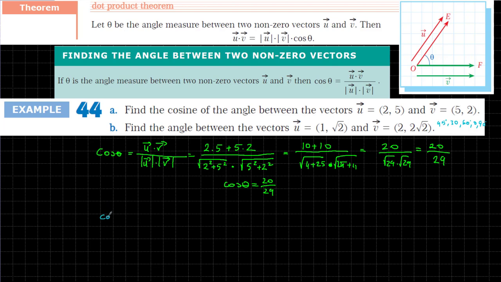So cosine theta, this time I'm not going to write the formula directly, I'm going to start from the formula. 1 times 2 plus root 2 times 2 root 2, all over the square root of 1 squared plus root 2 squared, times the square root of 2 squared plus 2 root 2 squared. Here 1 times 2 is equal to 2.